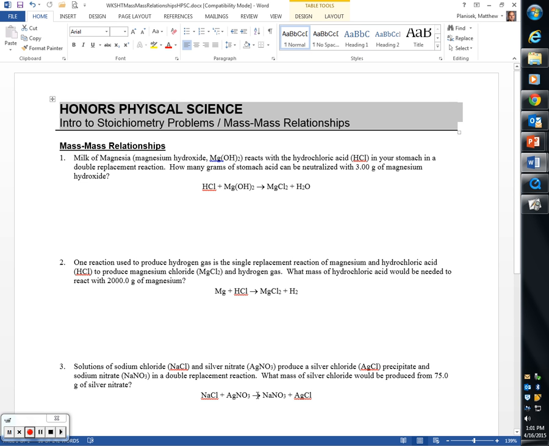That's not the product of this reaction, because there's no oxygen in the reactants. So get rid of the O at the end, and the product is just H2.